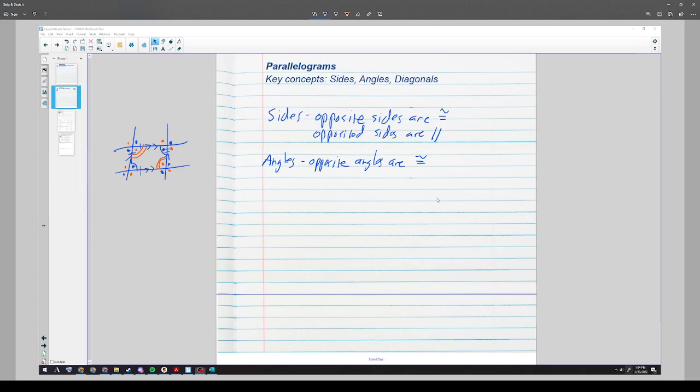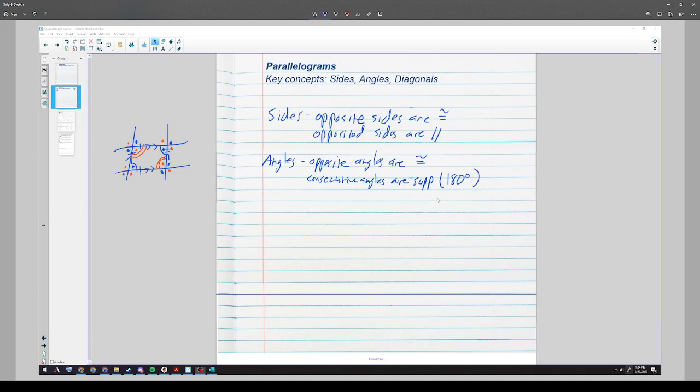But also, since these two are different, those are consecutive interior angles, and any pair are consecutive interior angles. So we could say consecutive angles, any two that are back to back, are supplementary, which means they add up to 180 degrees. So we have two properties with angles.